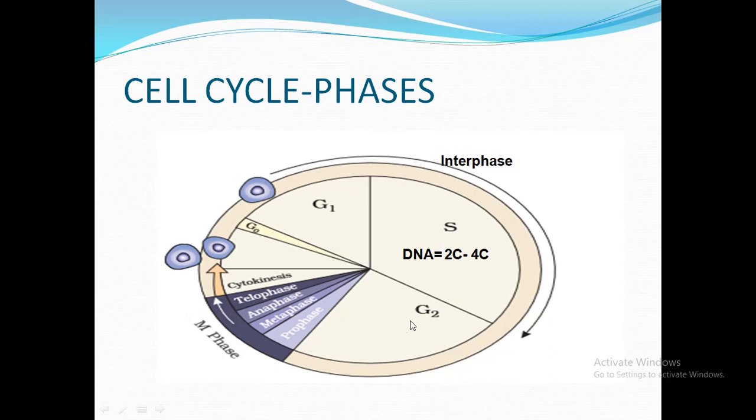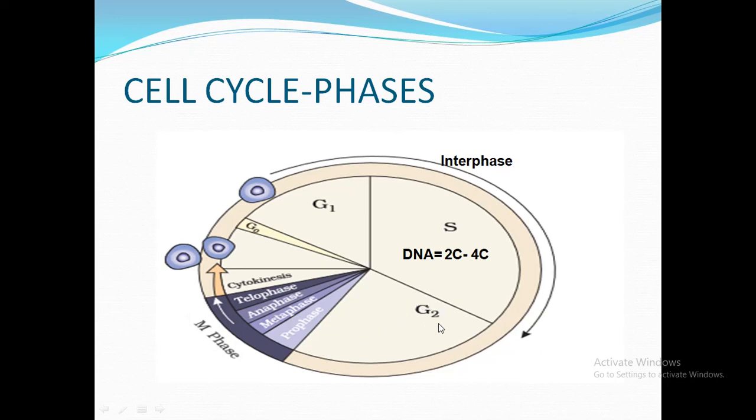After S phase, the next phase is G2 phase. Now G2 phase checks whether the DNA replication is correct or not, and whether it requires DNA repair. That is checked in G2 phase. Also in G2 phase, certain proteins which are important for the next phase, that is M phase, are synthesized.